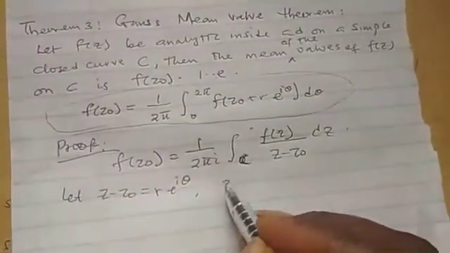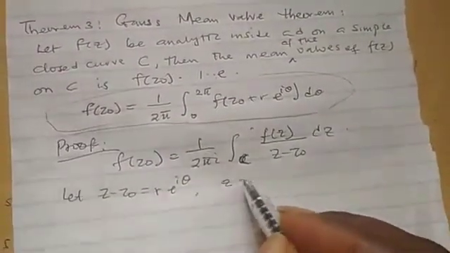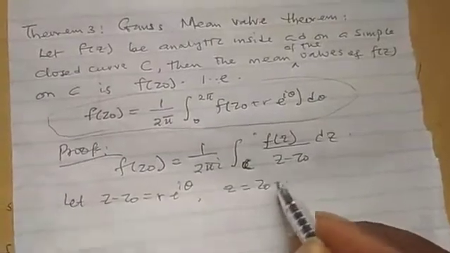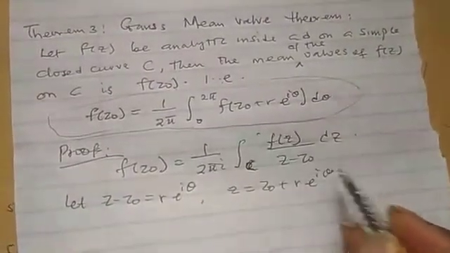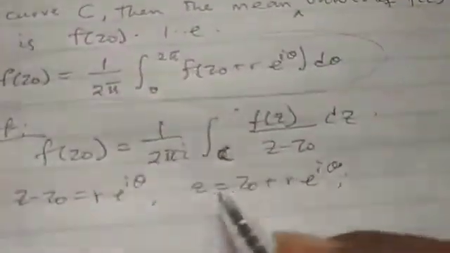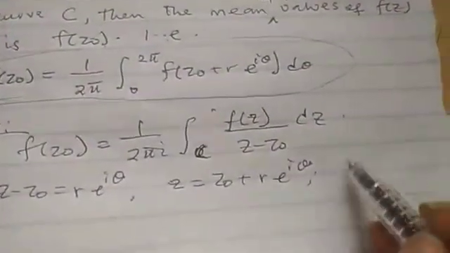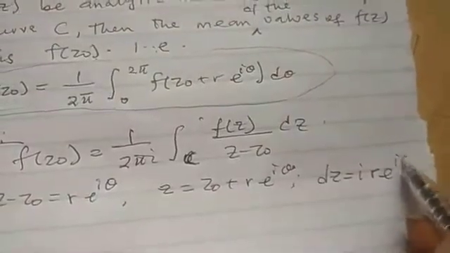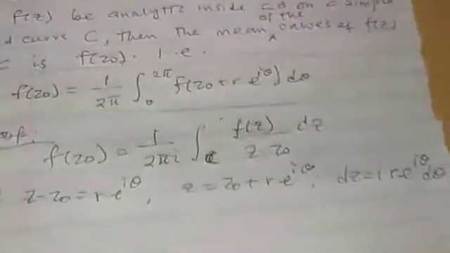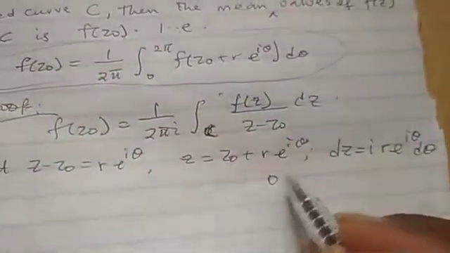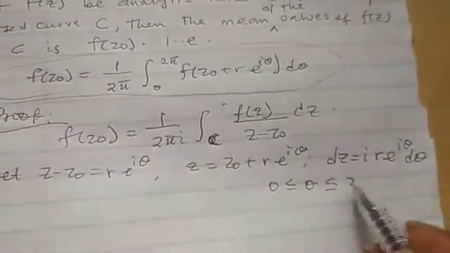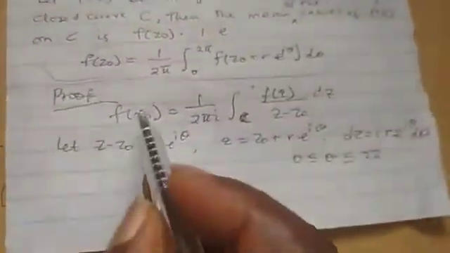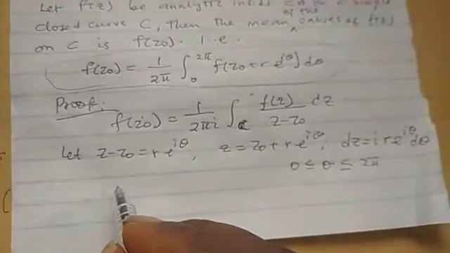From this, if you make z the subject of the formula, z will be equal to z naught plus r exponential i theta. When we differentiate this, we are going to have dz equal to i r exponential i theta d theta. As usual, theta is between 0 and 2 pi. So we will continue from this place.